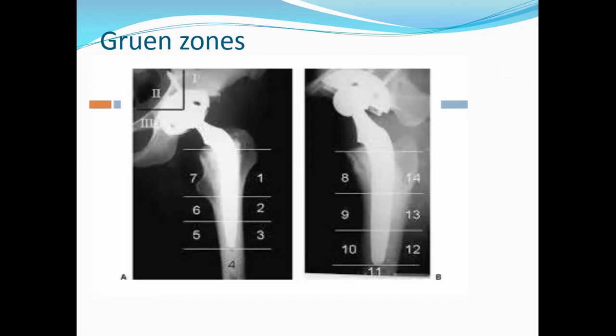In the lateral X-ray, the zones start from zone 8 in the anterior aspect and end in zone 14 on the posterior aspect. The most important zones are zone 4 in the AP and zone 11 on the lateral, because they are where migration starts.